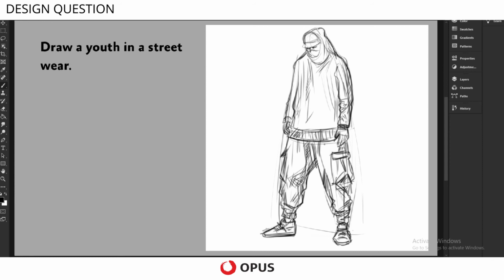So that is how you achieve the likeliness of that hoodie structure.